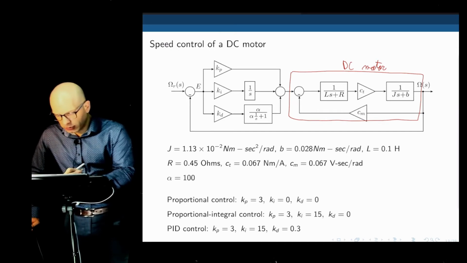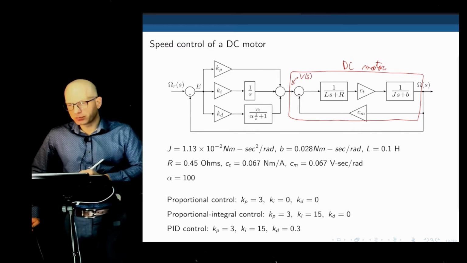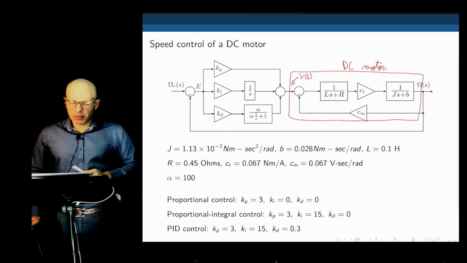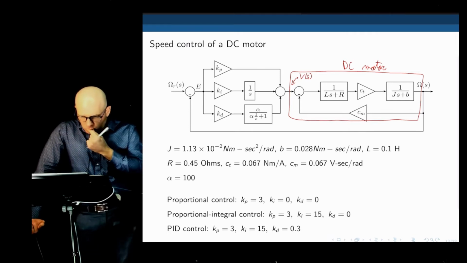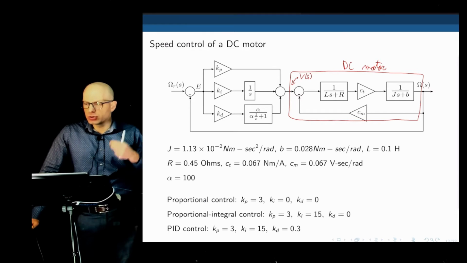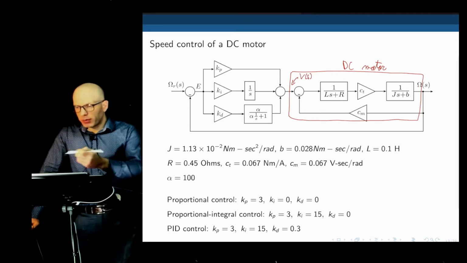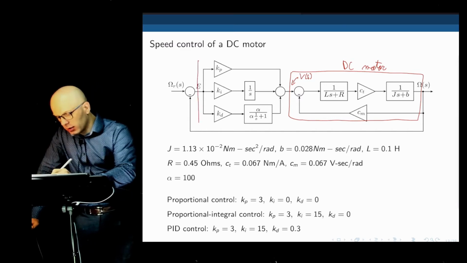We give it a voltage, and the voltage goes through the system and creates a speed at the output, the speed omega of S. Everything in here is part of the inner workings of a DC motor. Now, if you want to add a loop to control the speed and to make the speed go to the value we want, we can close the loop around the plant. And this is what we did here. We have a PID controller.